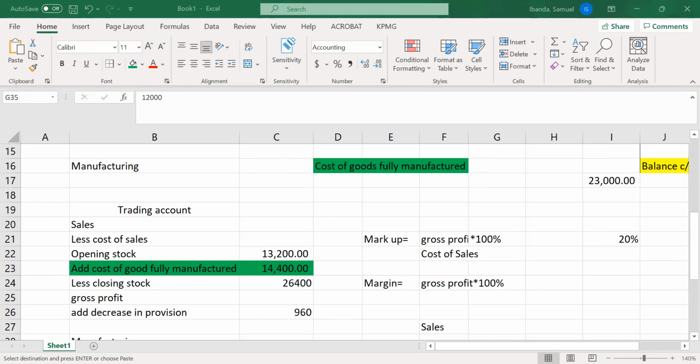One of the other questions that came through in the chat box was somebody asking, when do you take goodwill to the statement of financial position and when not? Somebody says this is for partnership. Just so you will know, goodwill is basically an intangible asset, an asset that you cannot touch.